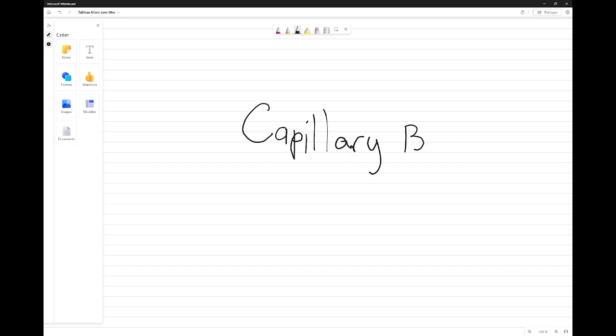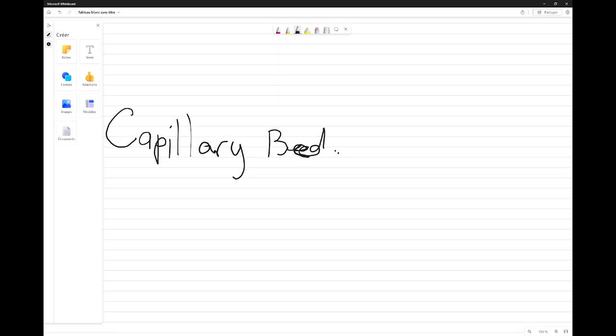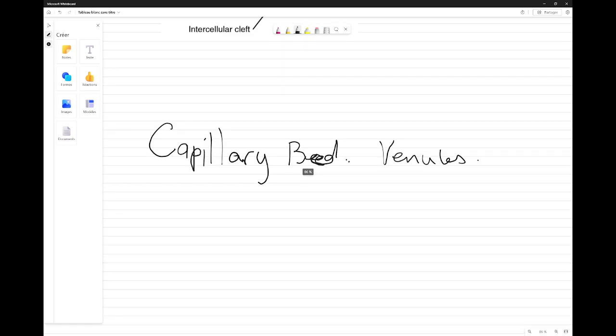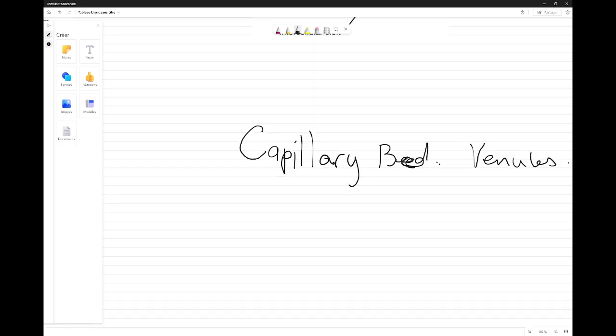We know that the capillary bed is sandwiched in between two larger vessels. On both sides the capillary bed would have venules, which are actually smaller. I'm just drawing a little diagram to show what the capillaries really do, their function, and how blood flows through them.